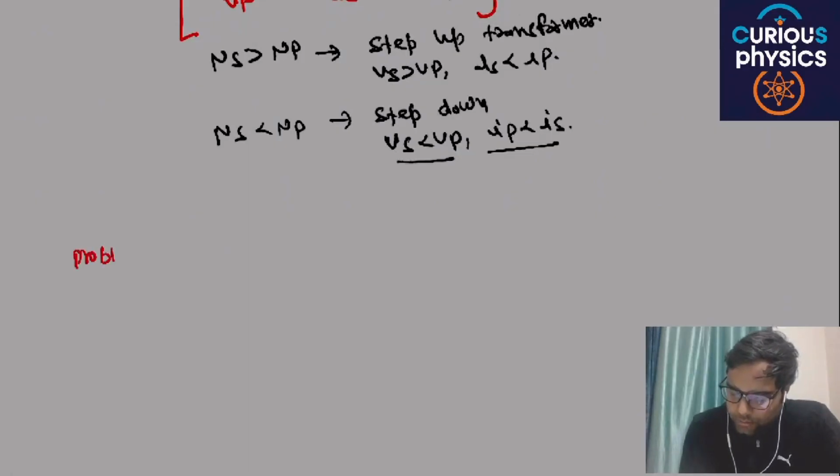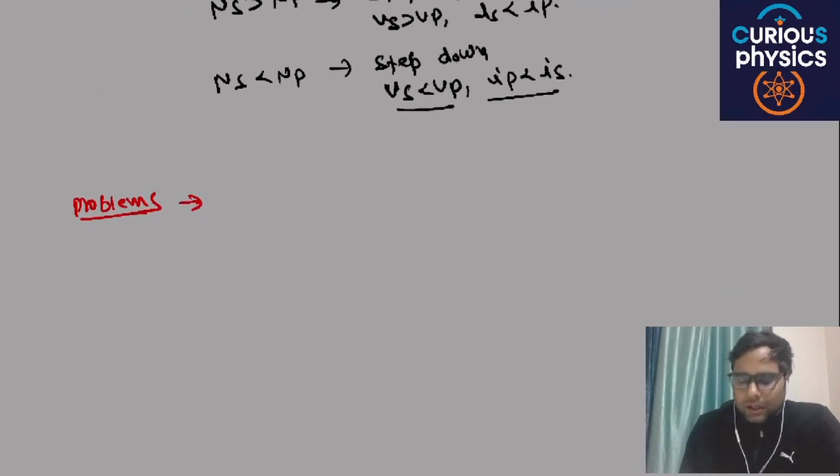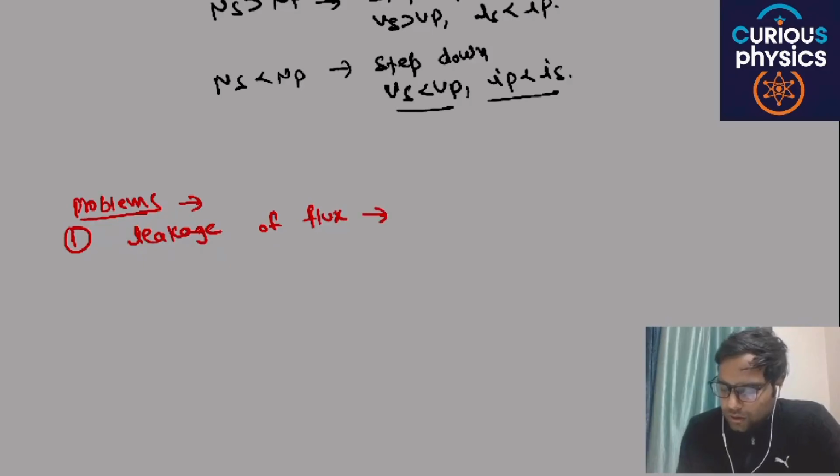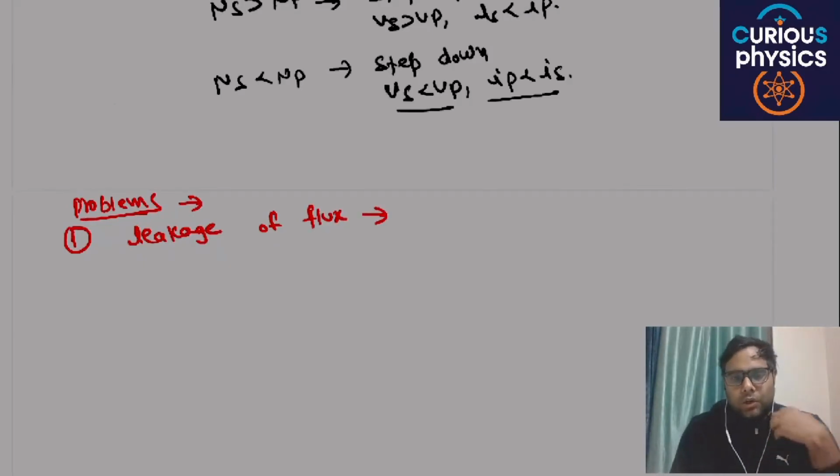issues or basic problems in transformers? The first one is leakage of flux. Flux means that input flux is not always equal to the output flux, okay.